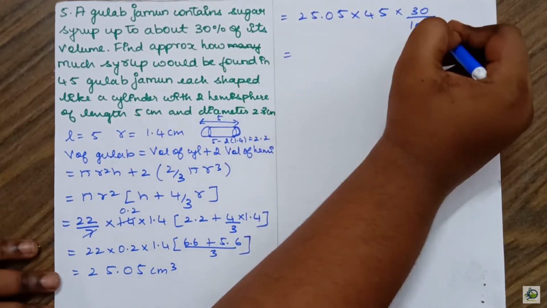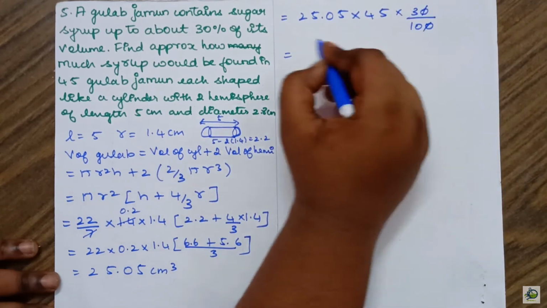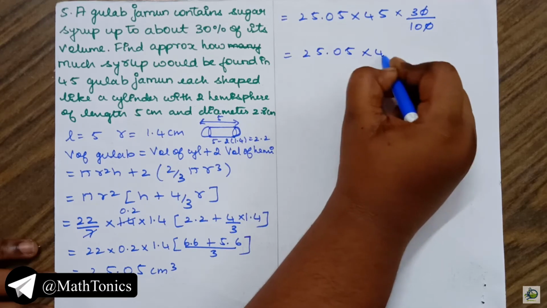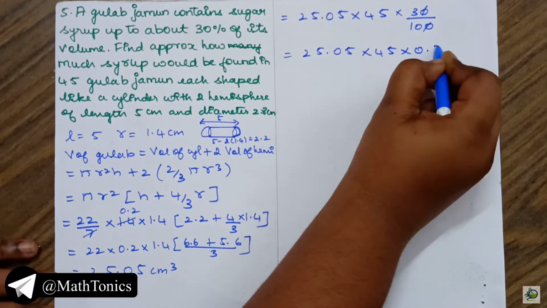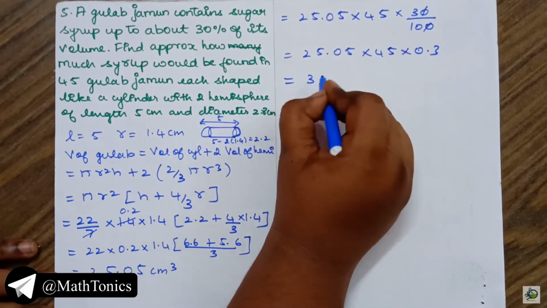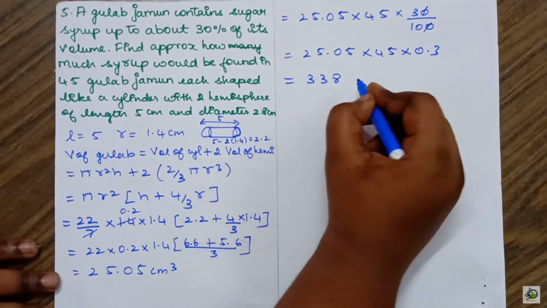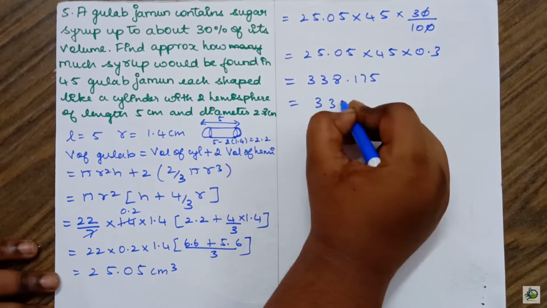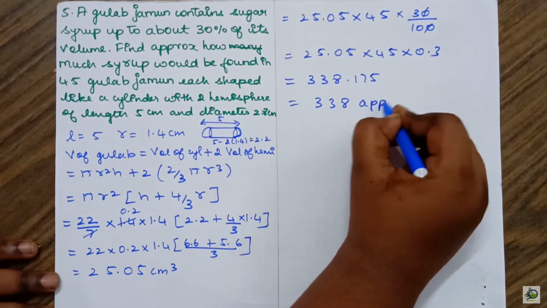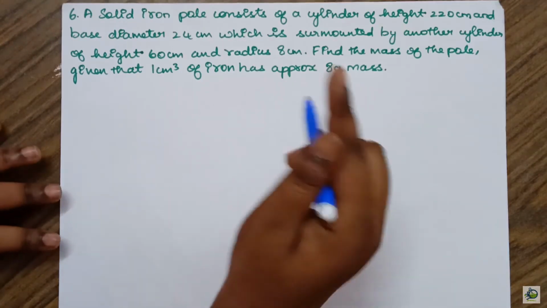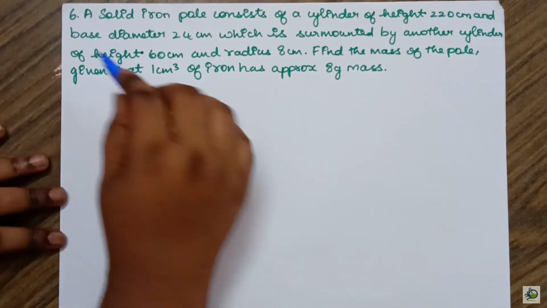So here when I cancel, I am getting 25.05 into 45 into 0.3. So when we multiply, we will be getting the answer 338.175, which is nothing but 338 approximately. Let's move on to another problem.